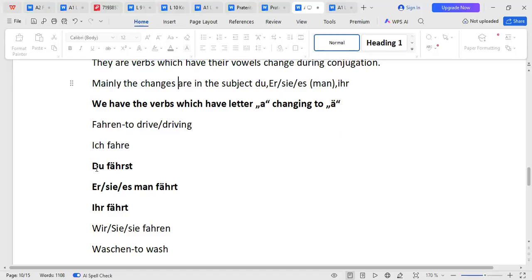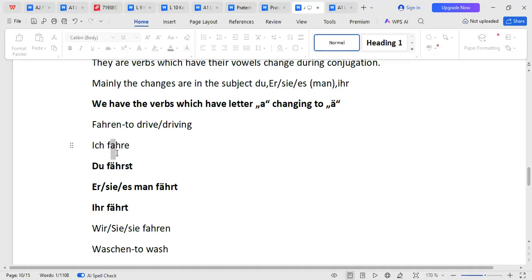But now with du, this A changes to A umlaut. A umlaut is the A that has some dots on top of it. If you also learn German, you'll be told how it is pronounced. For those who have not gone through the vowels or the letters, you'll be told how they're pronounced.